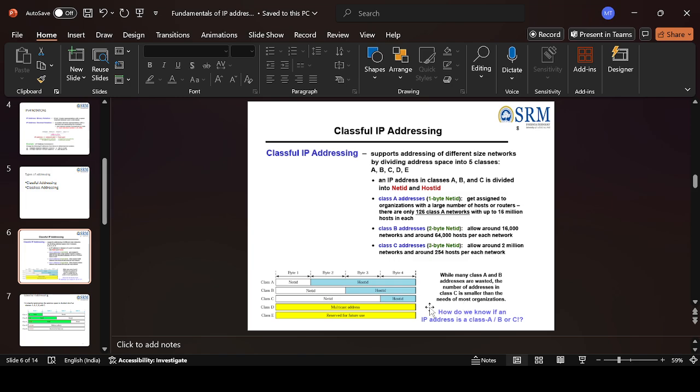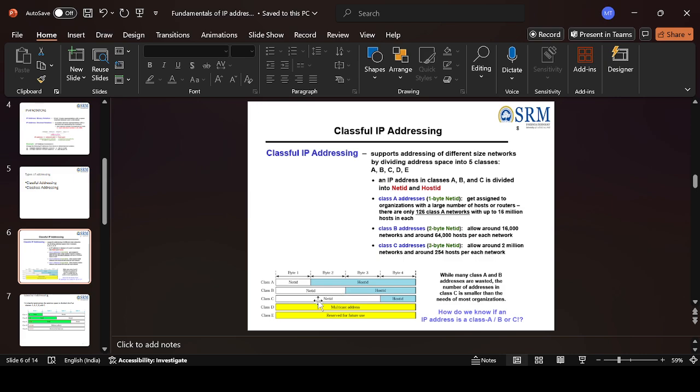When you take a class A address, I told you that any address is divided into two parts: the network part and the host part. In a class A address, the first octet indicates the network ID. The next three octets indicate the host ID. In class B, the first two octets indicate the net ID and the next two octets indicate the host ID.